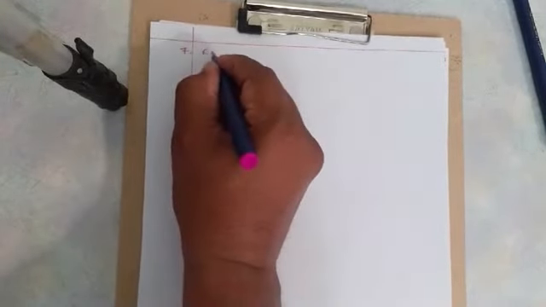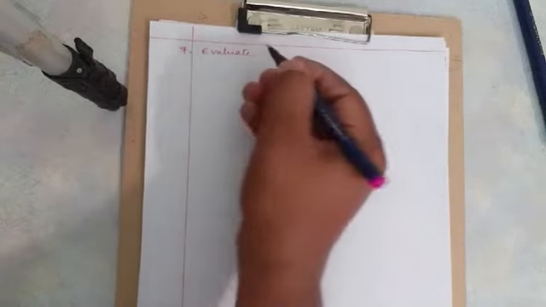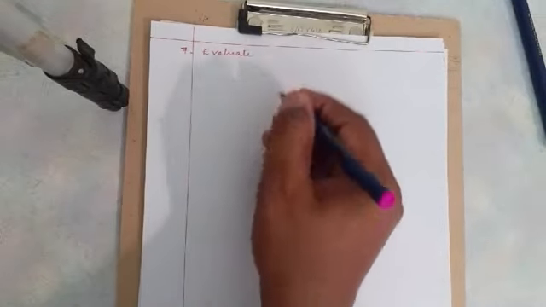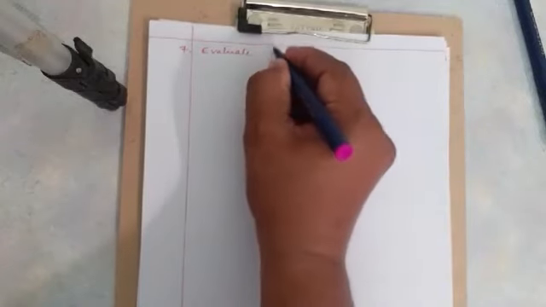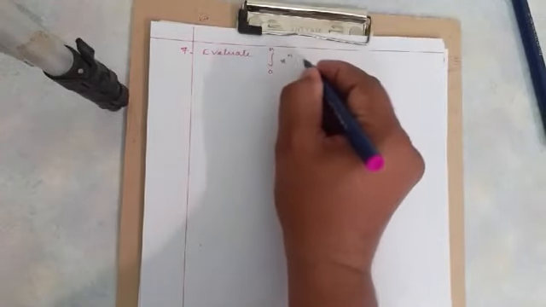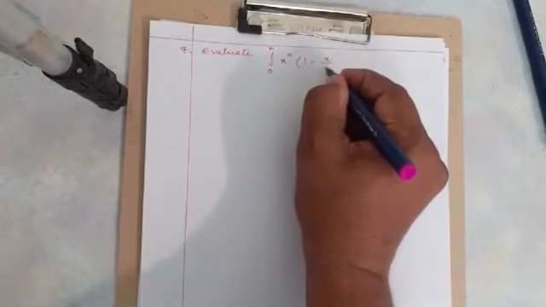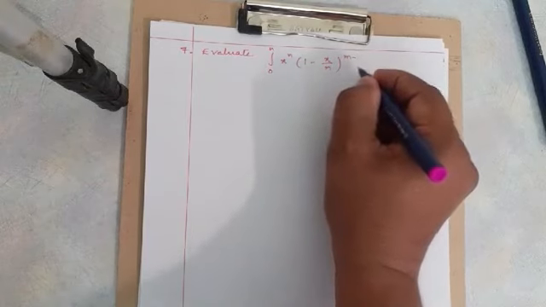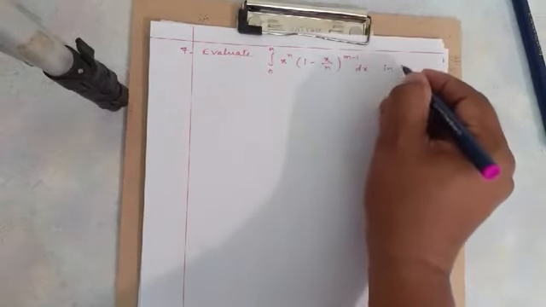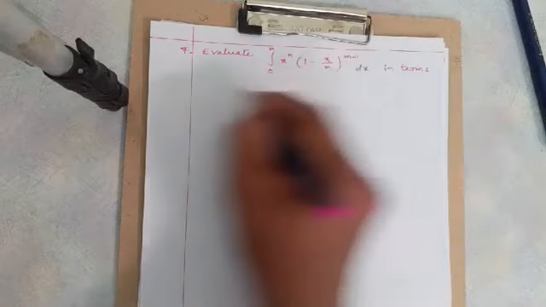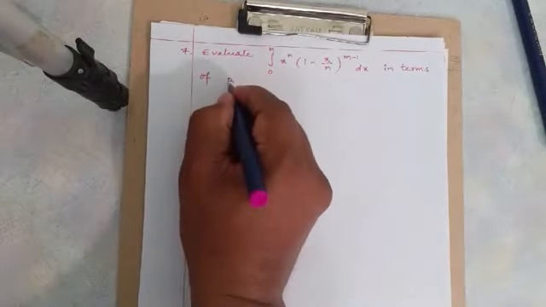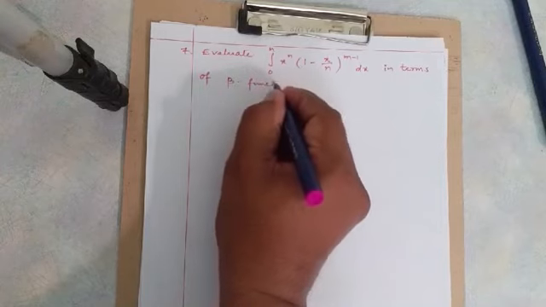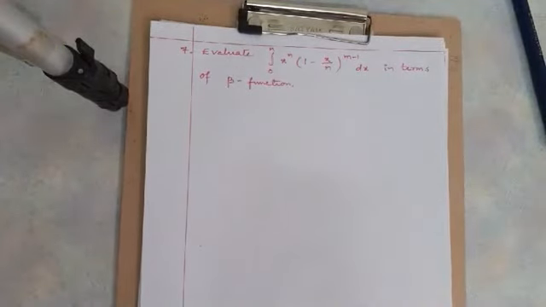Now the next problem is the seventh problem. The seventh problem is: evaluate the integral from 0 to n of x power n into (1 minus x by n) power m minus 1 into dx in terms of the beta function.